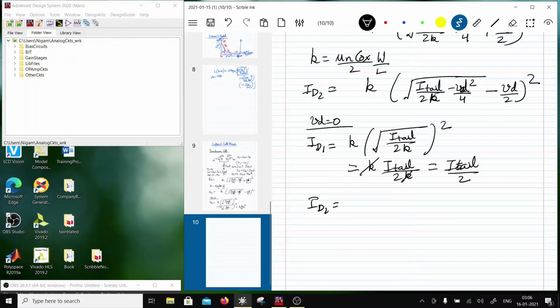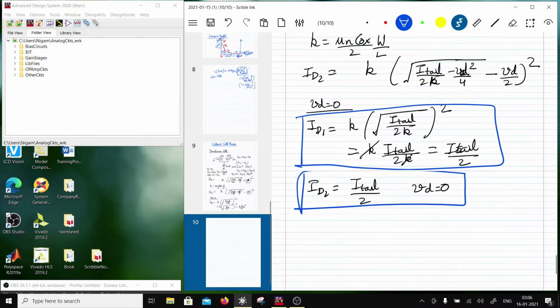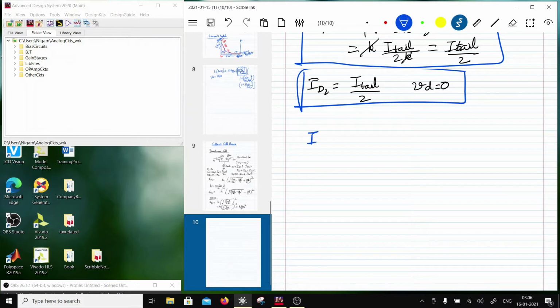Same is the story for Id2, which will be I tail by 2. So when the differential voltage is equal to 0, this is the situation: Id1 is I tail by 2 and Id2 is I tail by 2. Now when a certain voltage is applied, Id1 will differ.